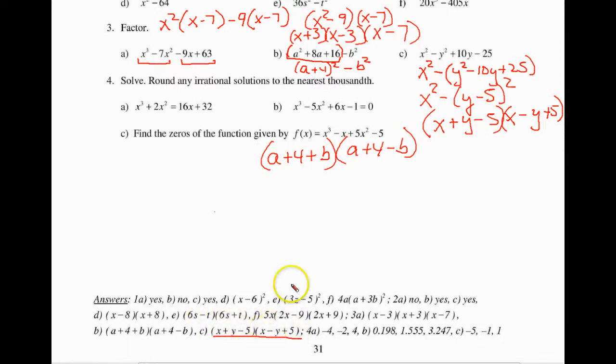Okay, so we're going to go to solve any of these. Now, in order to do these, we would need a calculator. So we're going to skip all of this. This is not going to be included in our work.